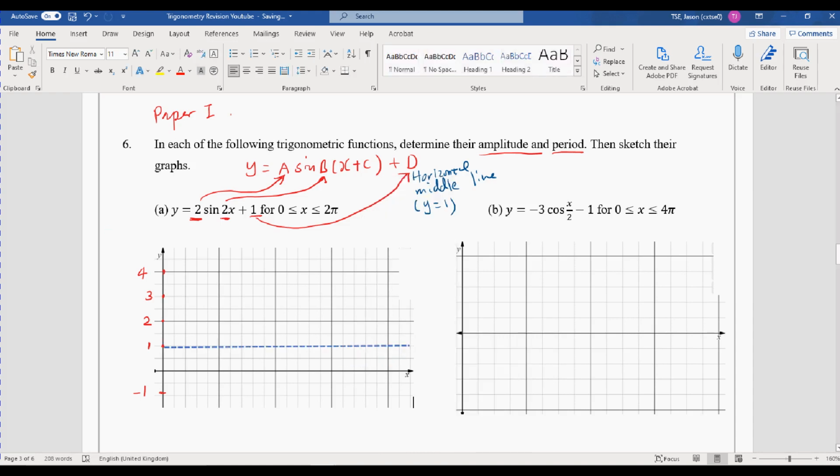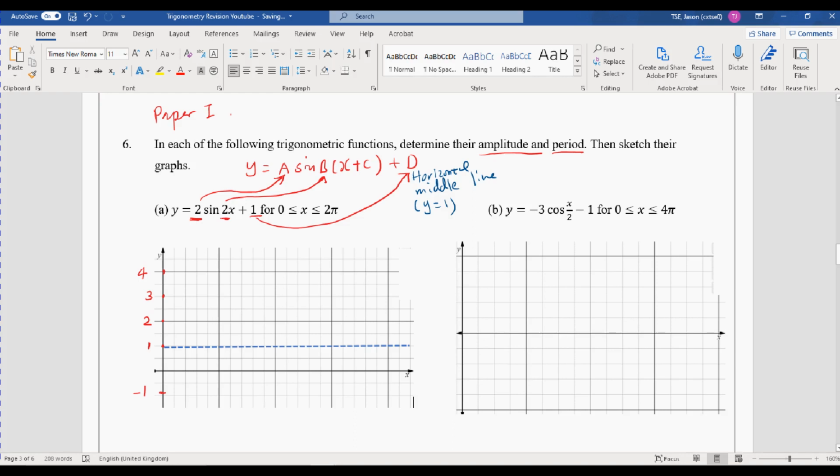That's the line which you will see the trigonometry function curve go up and down around.